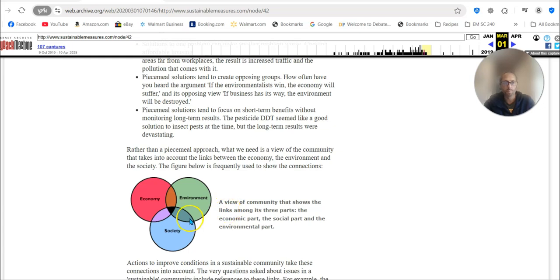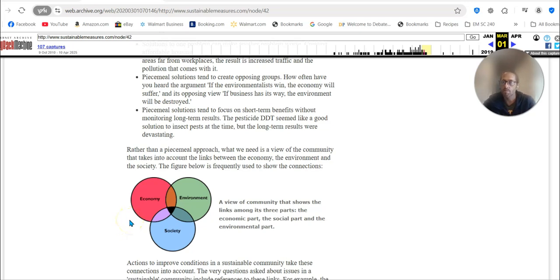Just really briefly, any little insight will help you start thinking about this. Economy doesn't just refer to money, although it does. A good, sustainable economy is one that has good jobs, where most people are employed and you get paid enough that you can afford healthcare and all that sort of thing.